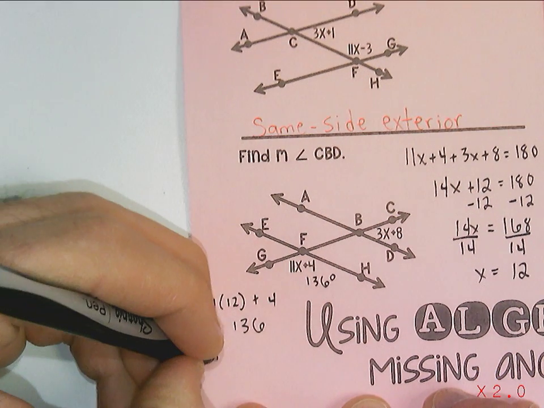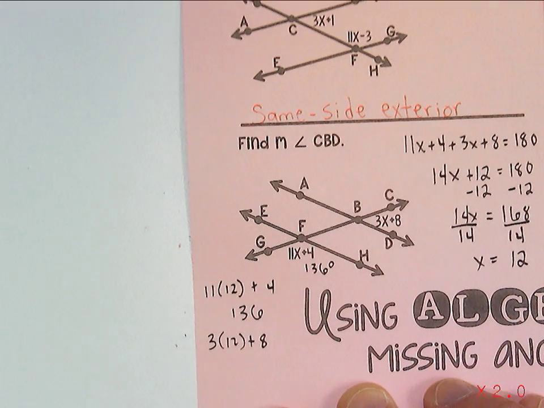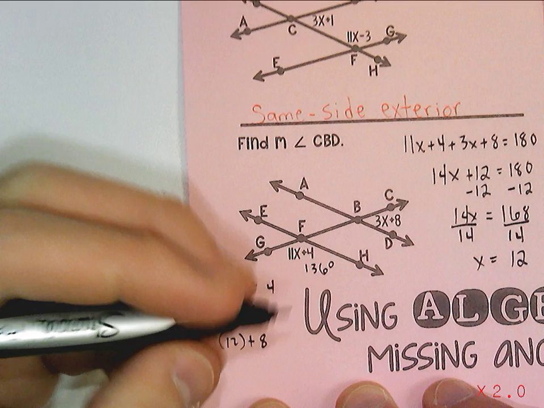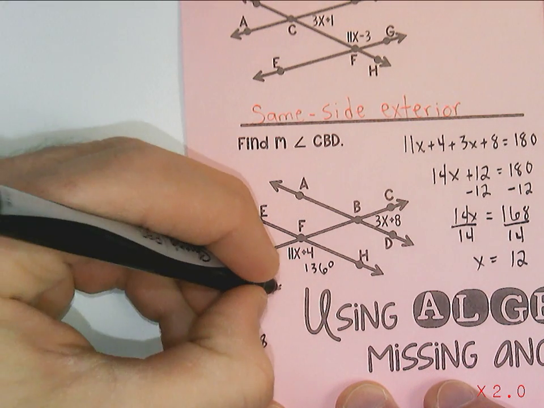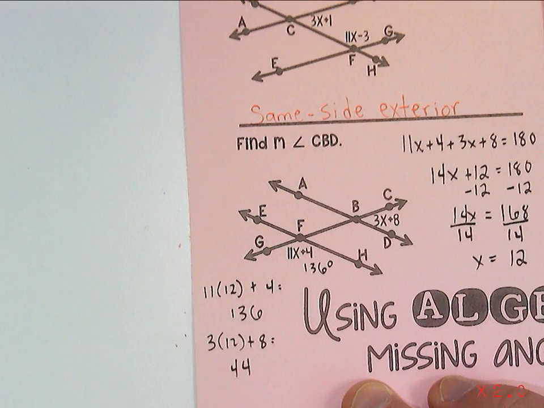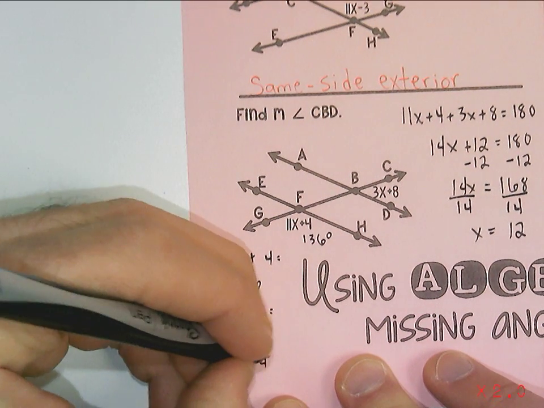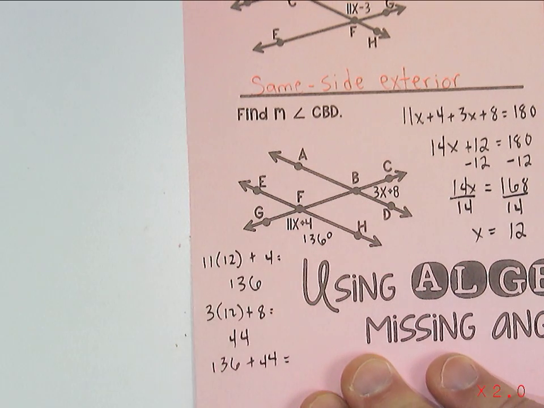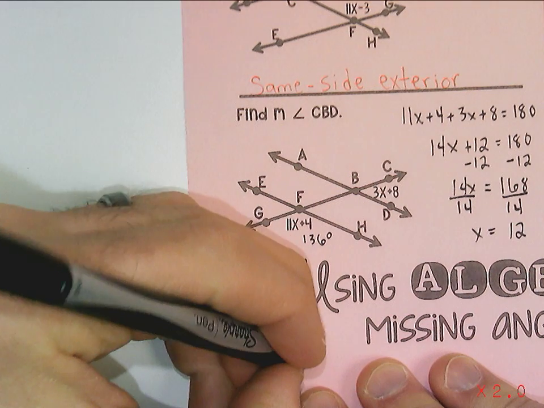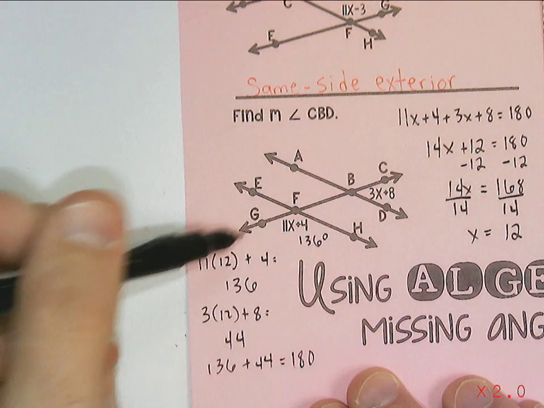And if we do 3 times 12 plus 8, we get 36 plus 8, so what is that, 44? So 136 plus 44, and if we did everything correctly, this should be 180, which it is. So we know that the x value of 12 that we found is correct here.